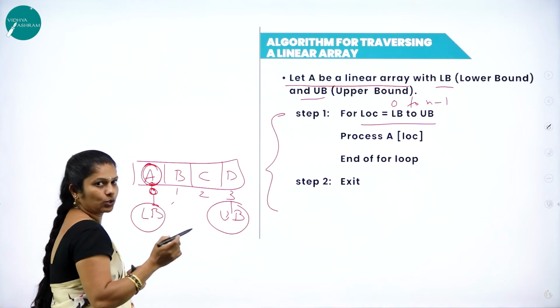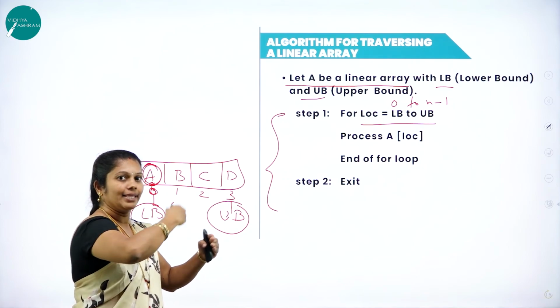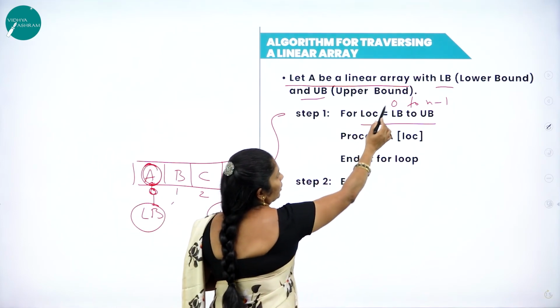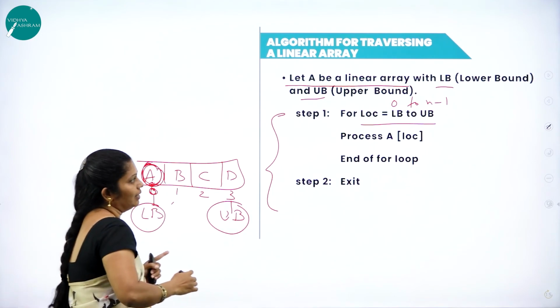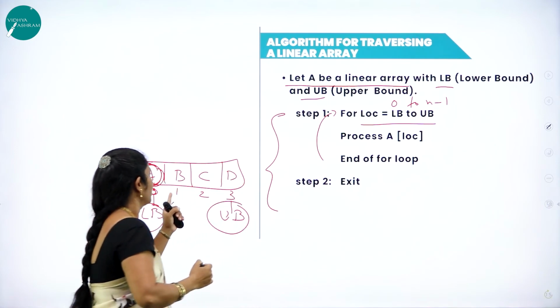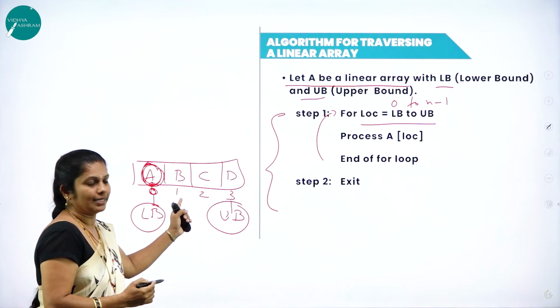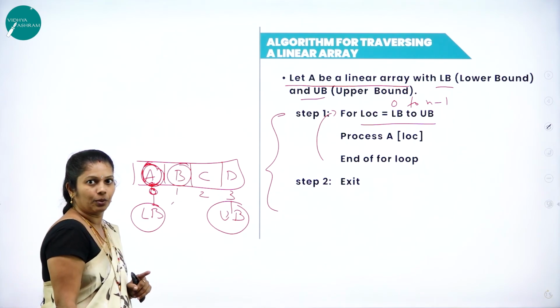First, what will we do? Since a for loop is given, it will repeat again and again. First time, the location value will take 0, then process this element. Then once again it will go back to the loop. Here the position is now increased to 1. Then whatever element is there, it will process.